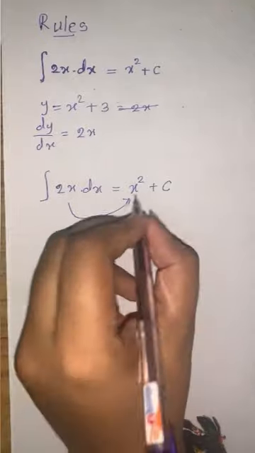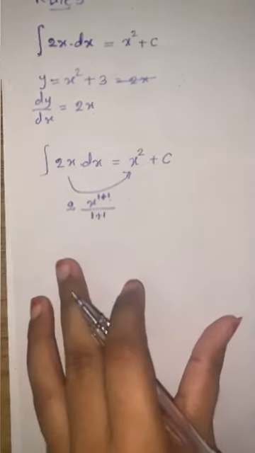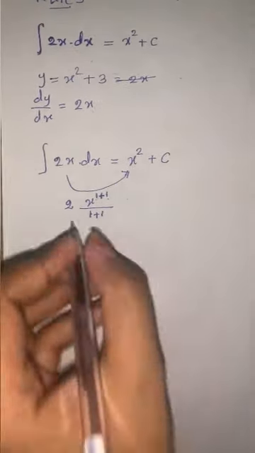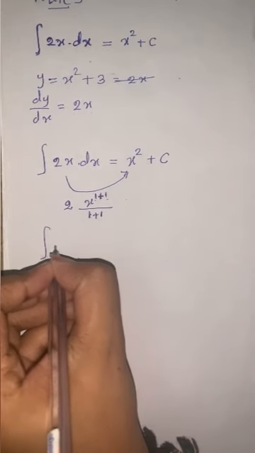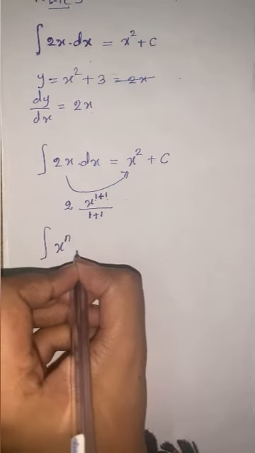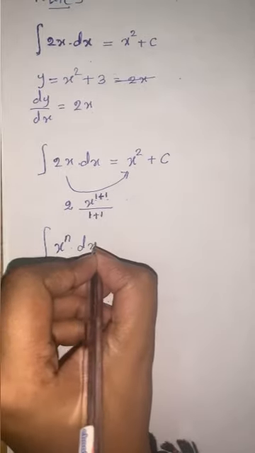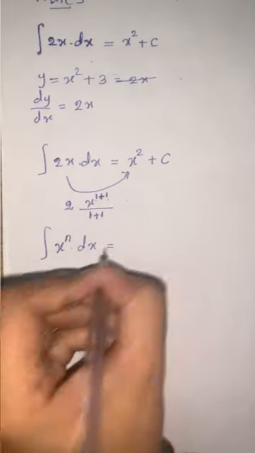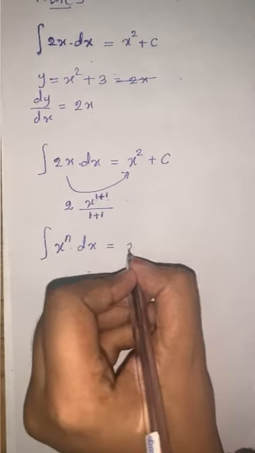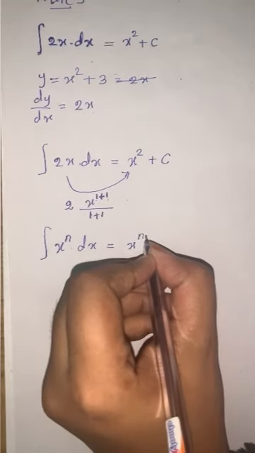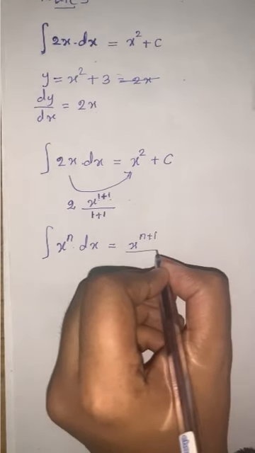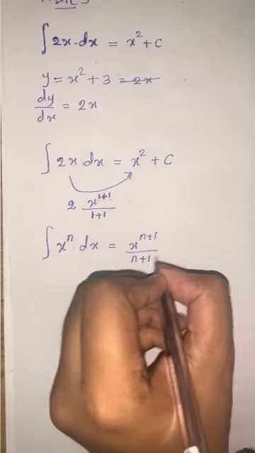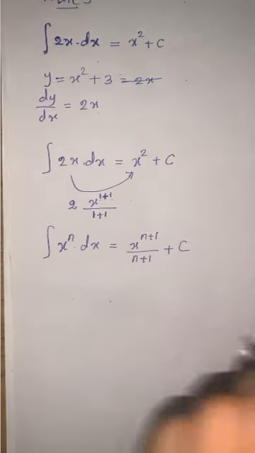So we get the answer. From that we come to the first rule: when we integrate x to the power n with respect to dx, the answer is x to the power n plus 1 divided by n plus 1, plus c.